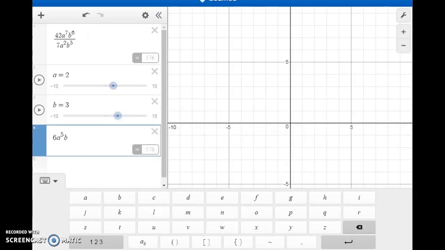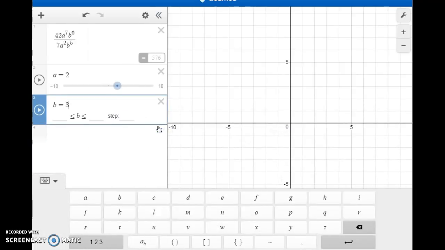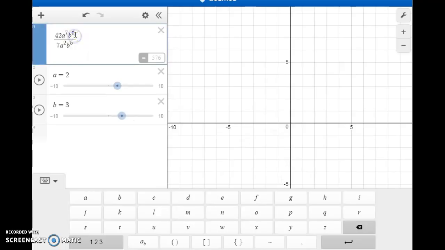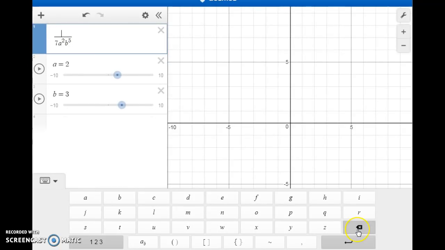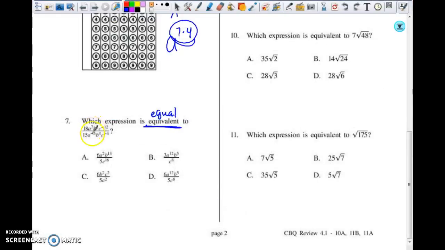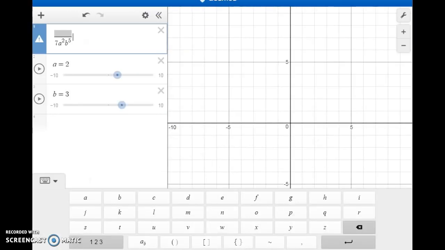Since my fraction's already here, I'm just going to clear out my top. And I'll put my top in, which was 18a to the 7, b to the 9, c to the negative 12. So remember all these laws happening.